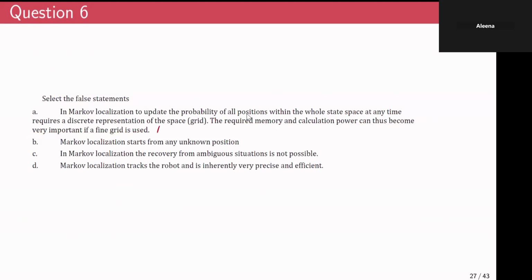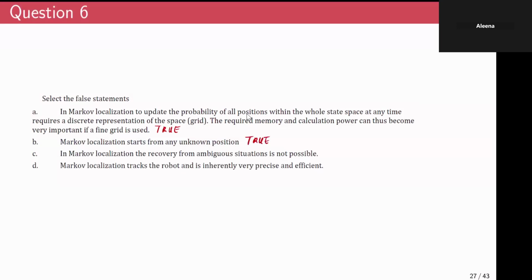Obviously, that is a true statement regarding Markov localization. And option B states Markov localization starts from any unknown position. That is also one of the defining features that we have discussed in Markov localization, right? It can start from any position. You can kidnap the robot from the current position and place it somewhere else. It can again begin its localization from the new position. That is also a true statement.